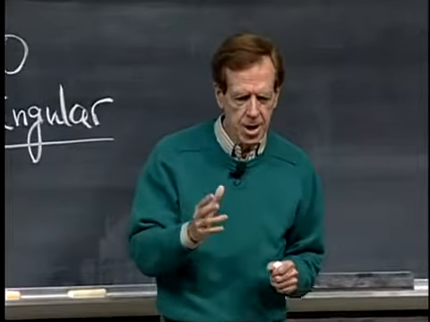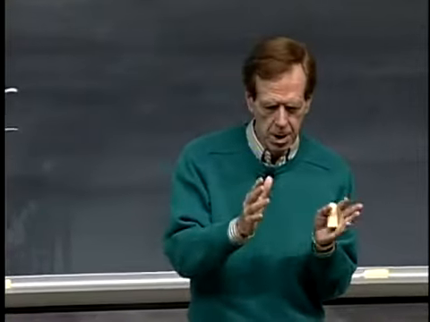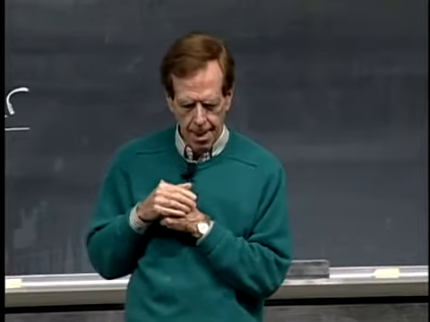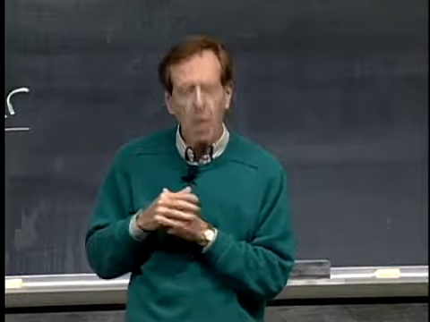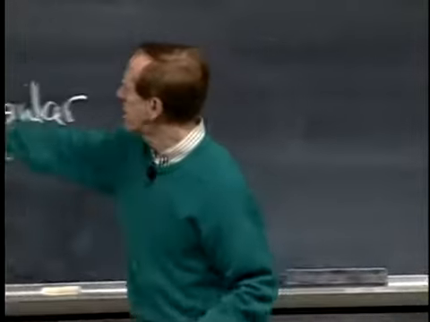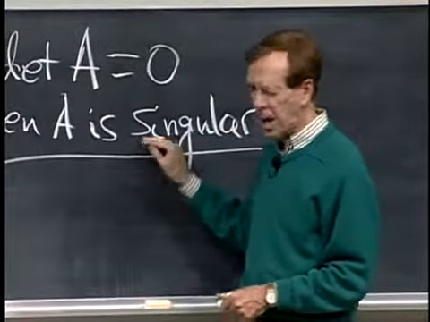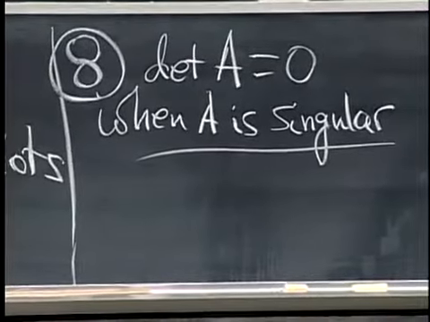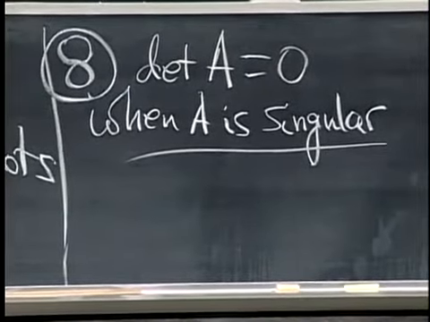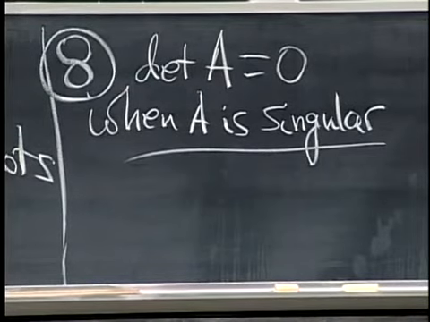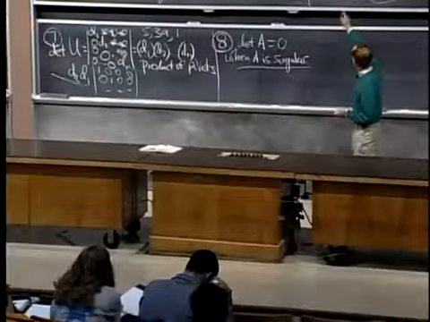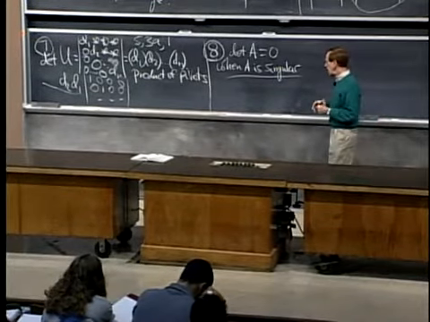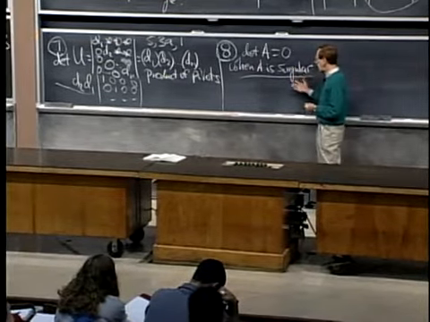By elimination, I can go from the original A to U. Now suppose the matrix is singular. If the matrix is singular, what happens? Then by elimination, I get a row of zeros, and therefore the determinant is 0. And if the matrix is not singular, I don't get 0.